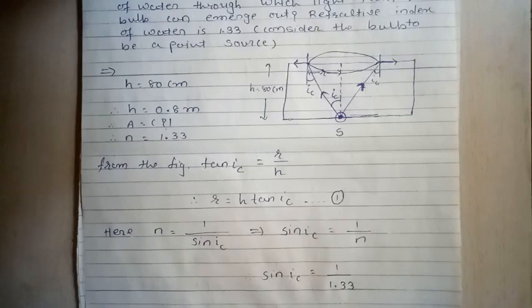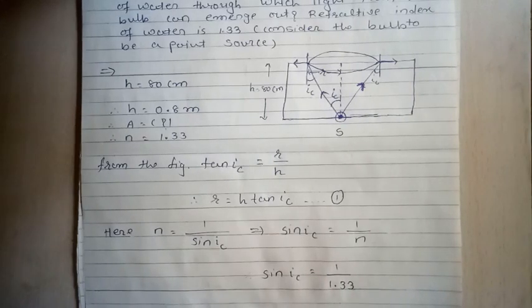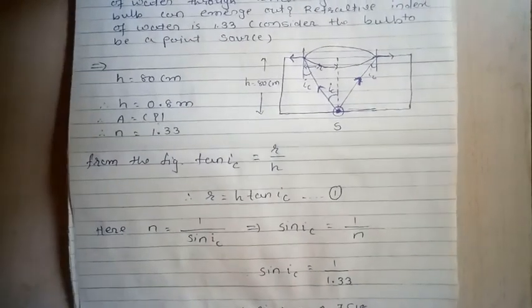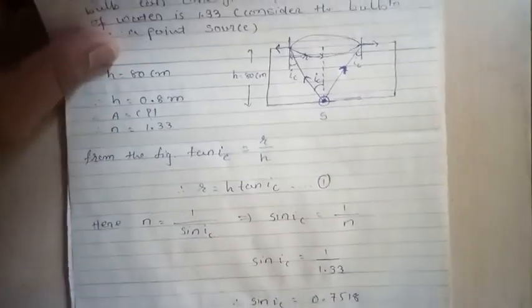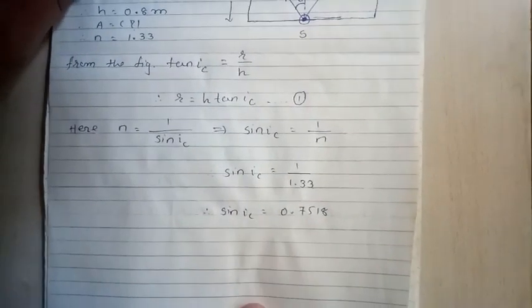With the help of a calculator we can say that sine IC is equal to 1 upon 1.33, which is 0.7518, right? Now we have to find out the value of IC, right?